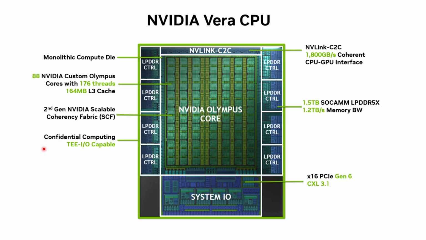And we also have here confidential computing, TEE input output capable. We mentioned that also with the Rubin GPU architecture. And x16 PCIe generation 6 or CXL for communication with other devices.